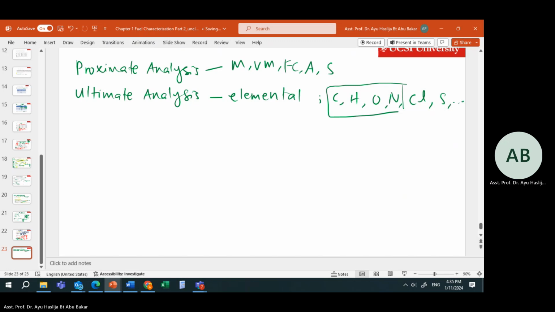And then the proximate analysis tadi, you must know the dry basis calculation, then dry ash free. So yang tu juga. From ultimate analysis here, you must know how to generate the chemical formula of the fuel.